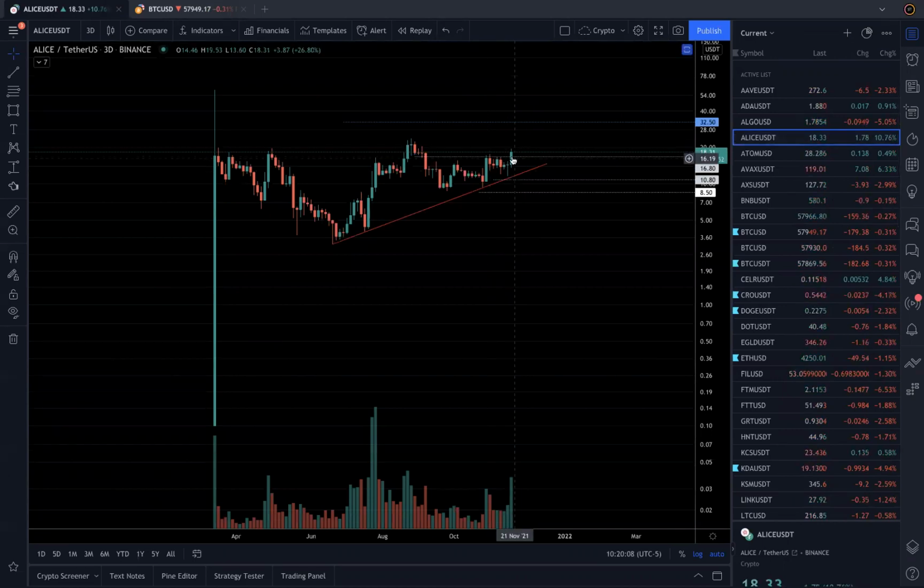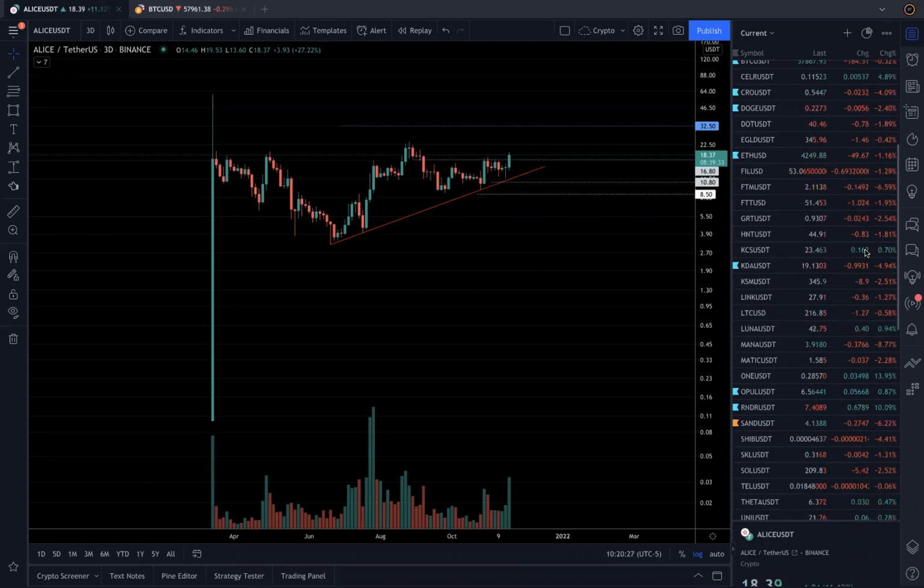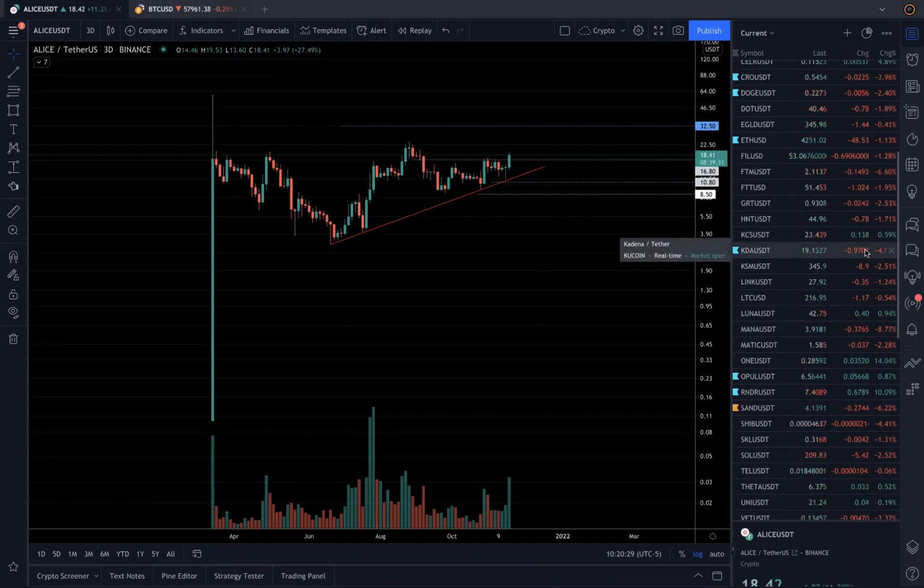So Alice is looking good. Some coins, selectively speaking, are looking good, and we have to see if they are able to sustain and go against Bitcoin. If I may jump and digress a bit, I'll say Render coin is the only coin, RNDR, I'll say, is the coin which has been consistently doing well.